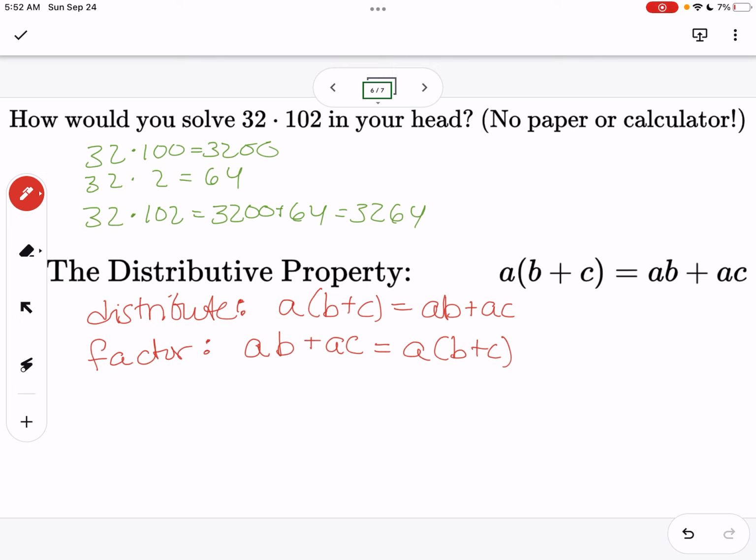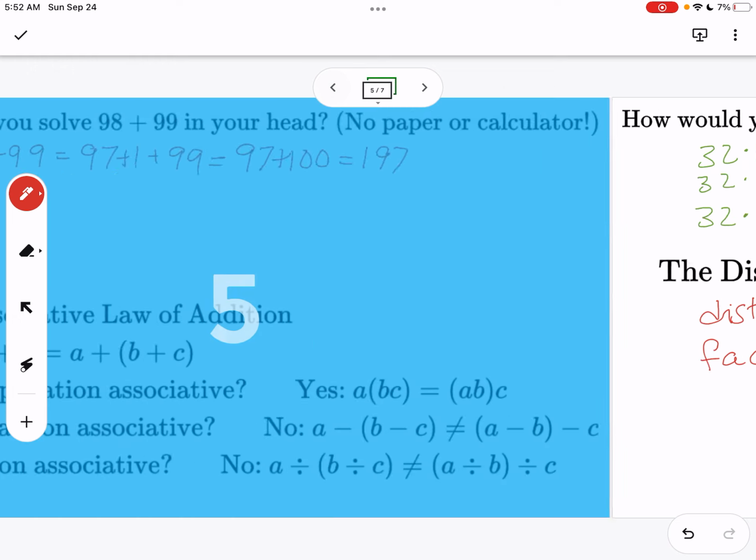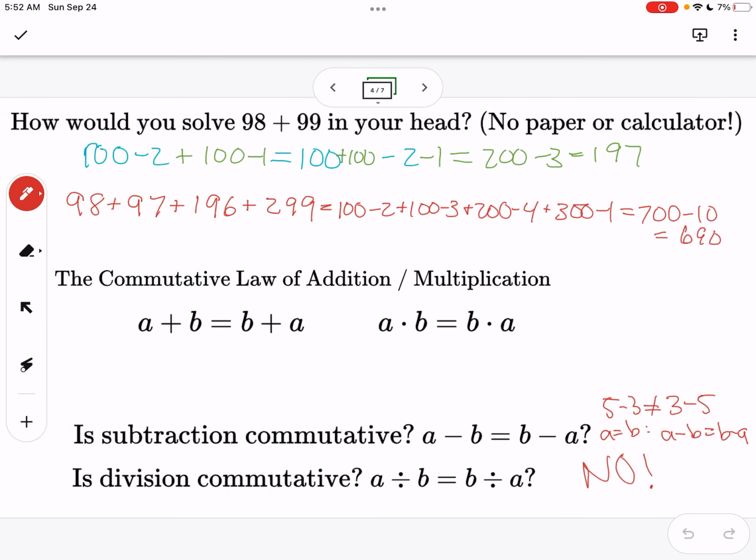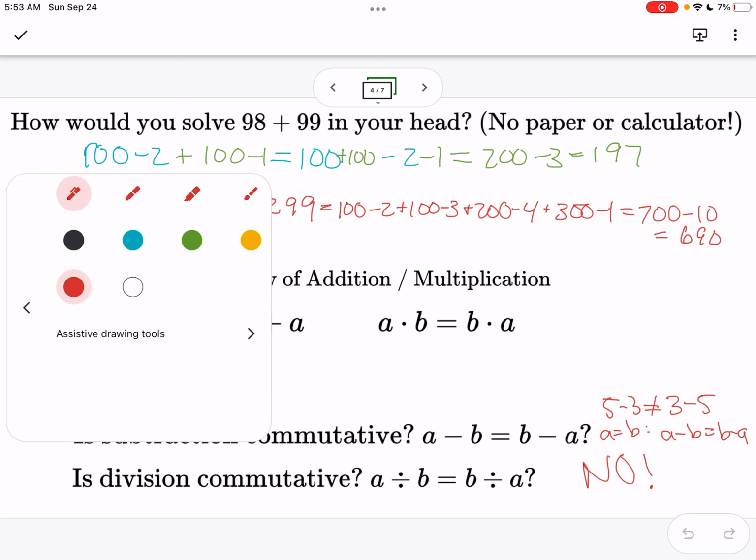Now, I want to go back to the commutative law real quick. So something to note is that addition and multiplication are commutative, subtraction and division are not.